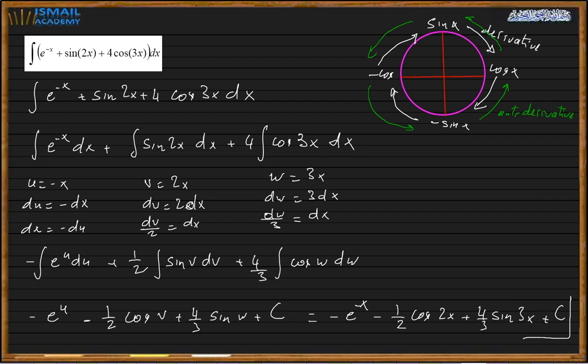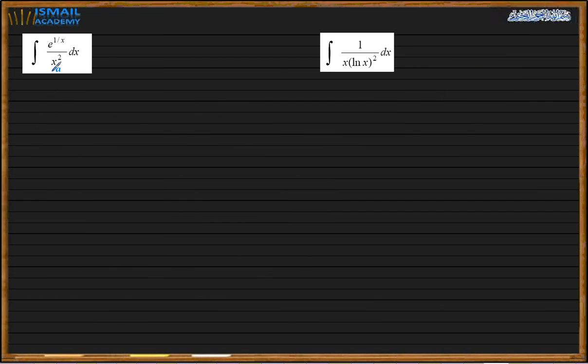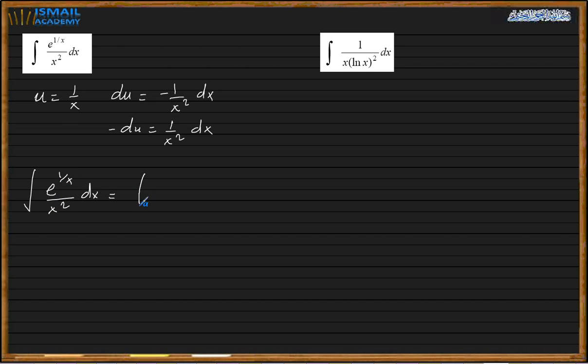So next question, I need to integrate this one, so I'm going to use u equal 1 over x, so it just means du will be minus 1 over x squared dx, which means that I will have minus du will be 1 over x squared dx. So the integral of e to the 1 over x times dx over x squared.